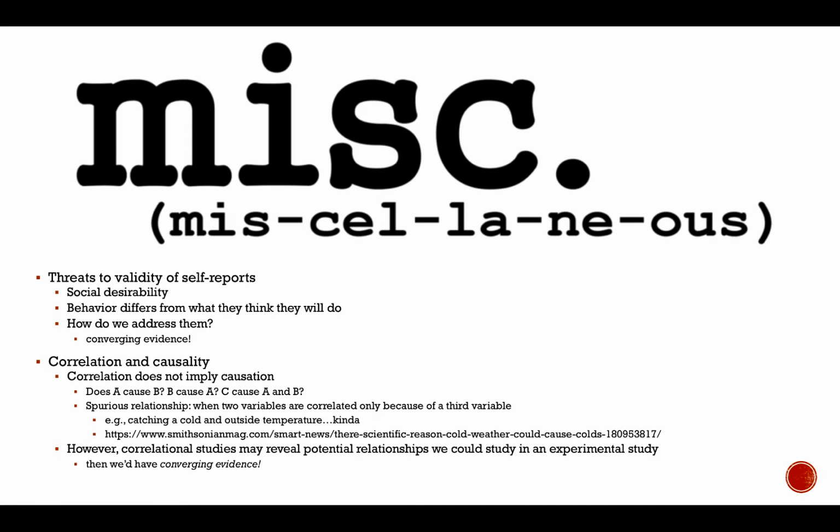A spurious relationship occurs when two variables are correlated only because of a third variable. For example, catching a cold and outside temperature. There's the myth, and there's a reason I'm air quoting it, that if you stay outside for too long, you're going to catch a cold. That's kind of a myth.